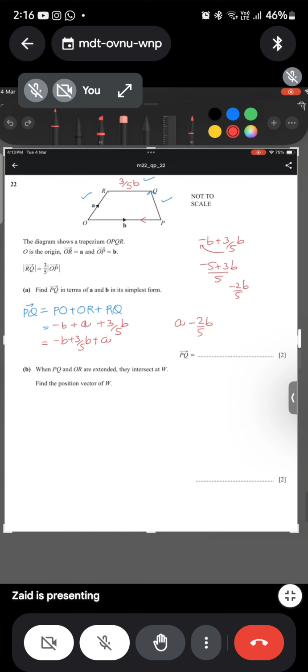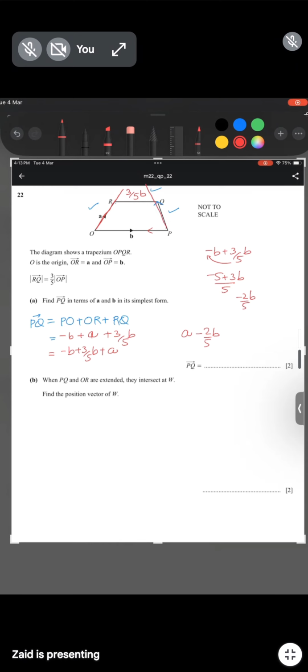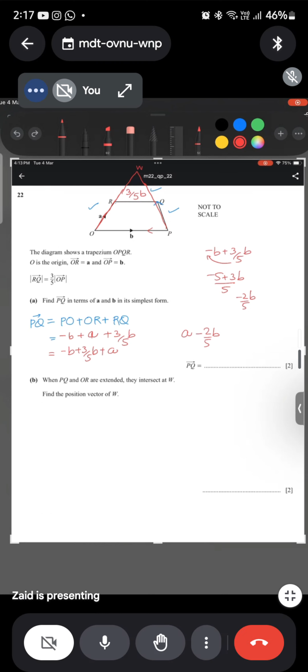When PQ and QR are extended, they intersect at W. Find the position vector of W. So OR and PQ are going to meet at a point, and that is going to be W. So I have to find OW.